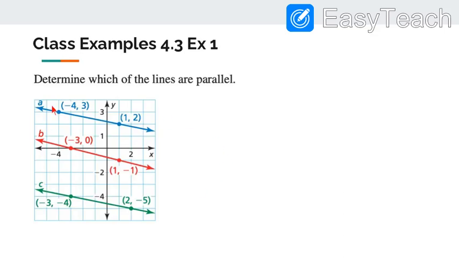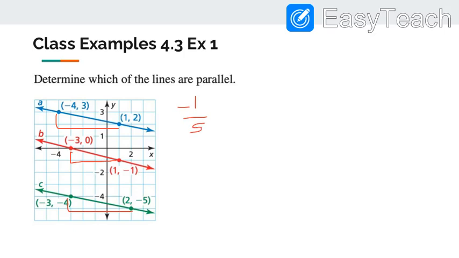So if we have a graph and we want to look at these, we have to figure out our slopes for all of these. As we have been doing, we could do some slope triangles. For this one, it goes down 1 over 5.